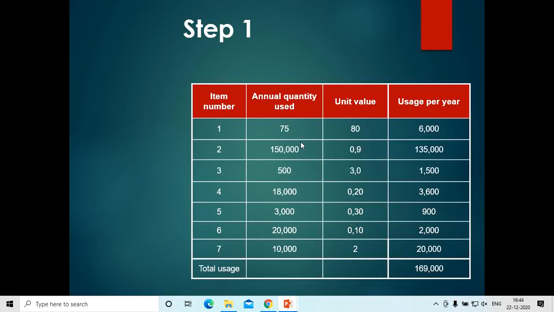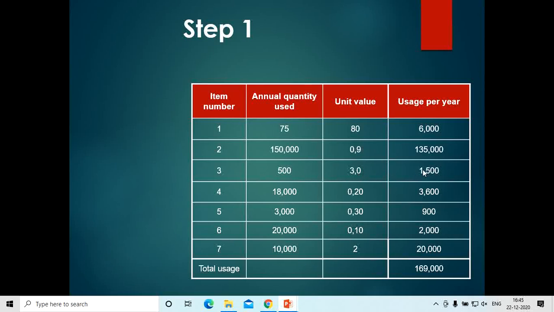Similarly for item 2, the annual quantity required multiplied by the unit cost of 0.9 gives 1,35,000. For item number 3, the annual quantity is 500 and the unit cost is 3 rupees.